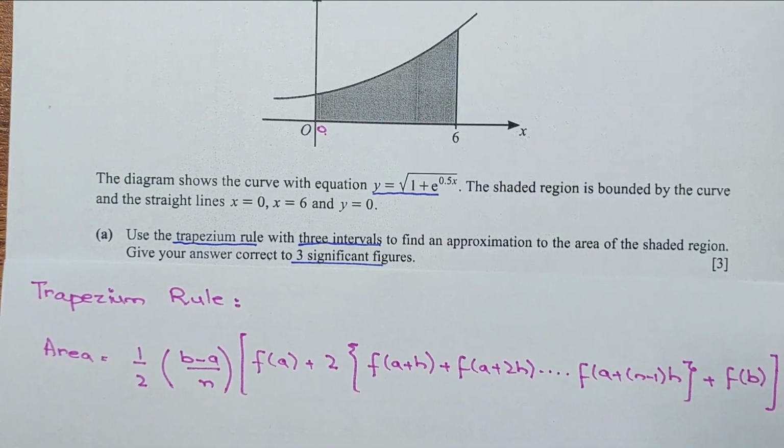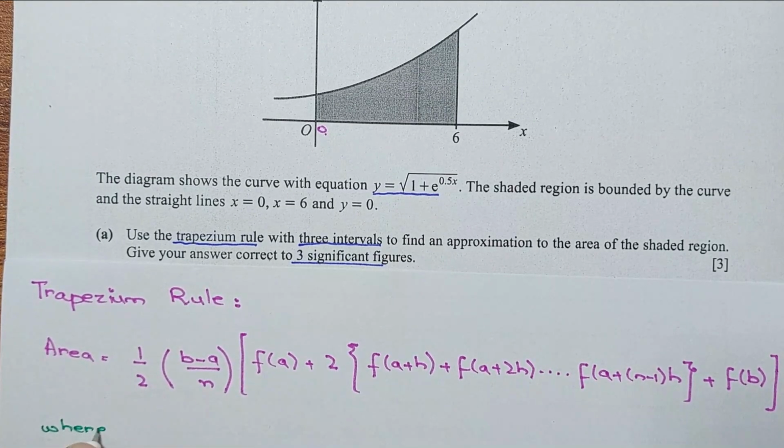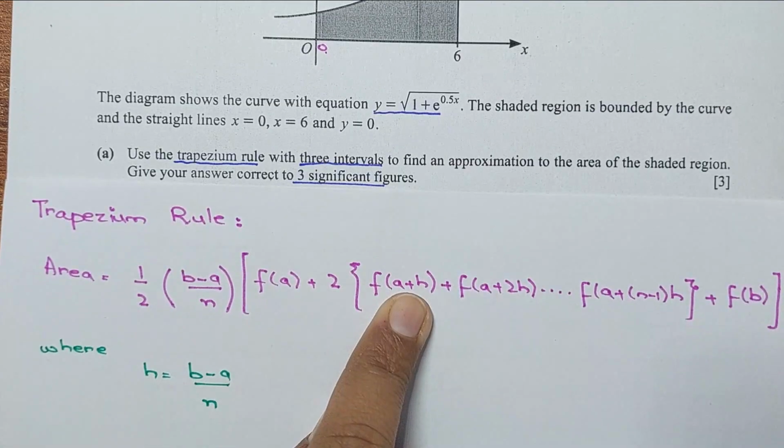So here we can say h is equal to b minus a over n. This is the value for h.